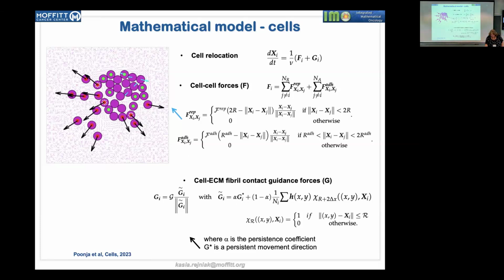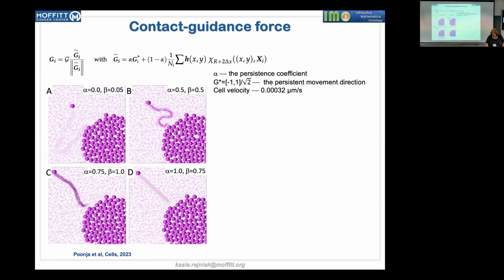On the other hand, first maybe I show you this. This is really bright, so you cannot see the first one very well. Those are the 4 still images. I show you the movie when we change the alpha. The cell is just following the fiber directions when alpha is equal to 0. When alpha is equal to 1, they just go straight to the top left corner because that's the persistent direction that we defined, and the others are in between.